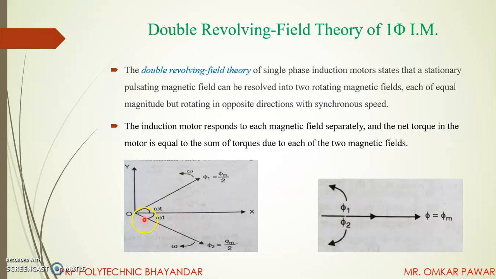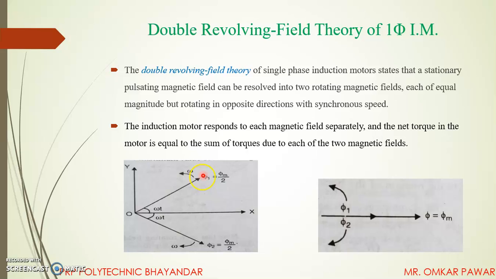Suppose in the first half cycle, the direction of flux produced is anti-clockwise. In the second half, the direction of rotation is this direction. So the resultant flux will be phi. We say that the main magnetic field can be resolved into two rotating magnetic fields, each of equal magnitude.